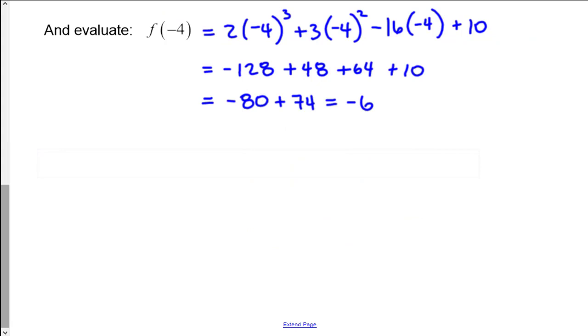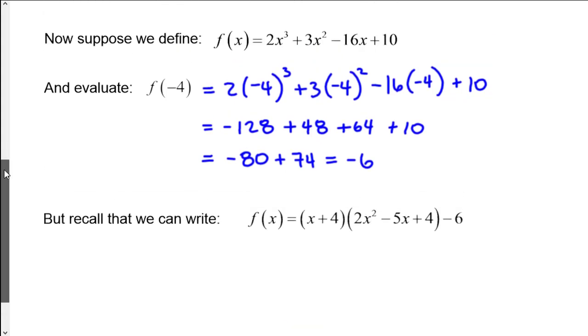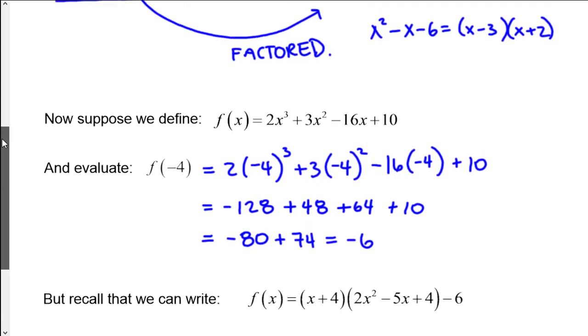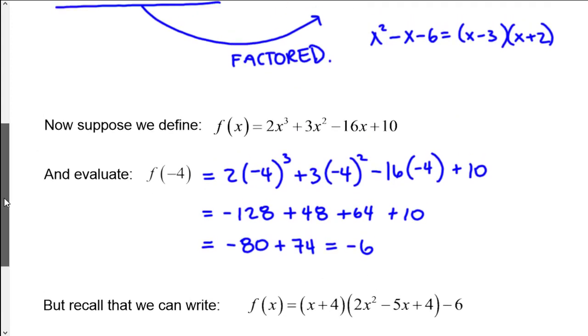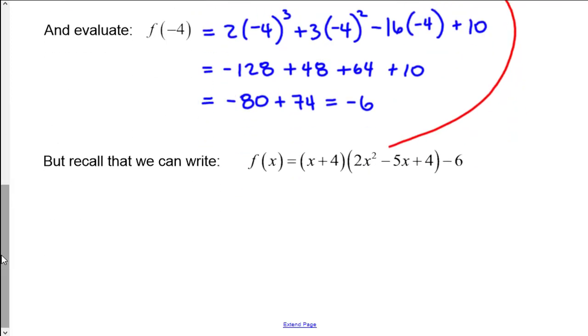So for instance, if I express my function in factored form, because remember, the 2x cubed plus 3x squared minus 16x plus 10 factored into that thing right there. So I'm going to express this in factored form, and now I'm going to evaluate f of negative 4 and see if things are a little bit more obvious.